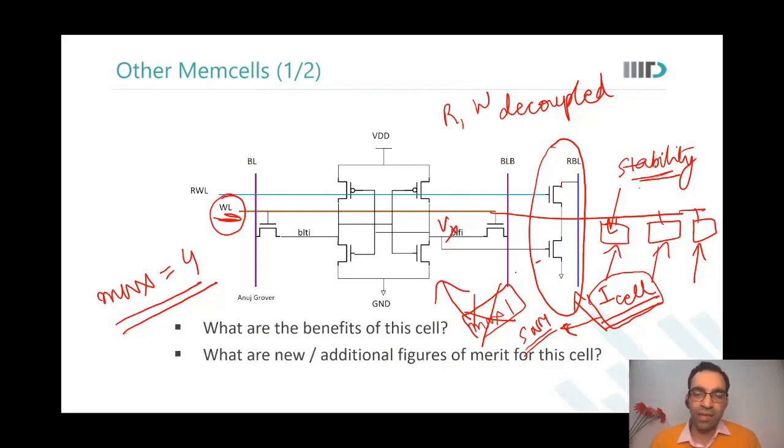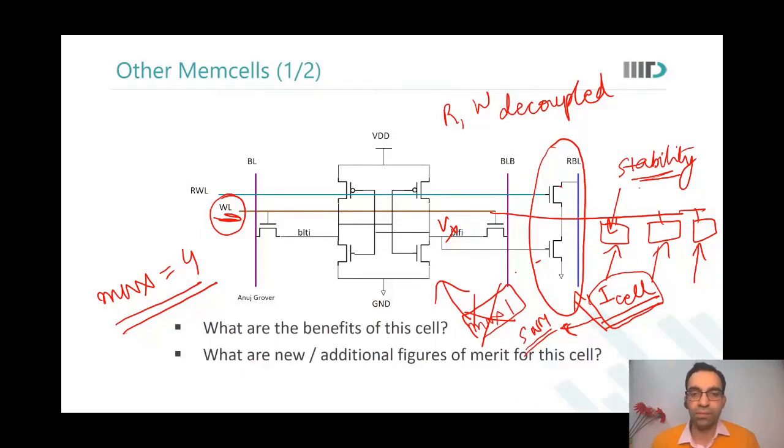Again, numerous papers in academia forget that there is a mux thing there. They simply say, oh, 8T cell is the panacea, it solves all problems. No, it doesn't. If you have mux greater than 1, it doesn't solve all the problems. You need to do something else. Many academic papers simply ignore that aspect. I'm telling you this because I don't want you to fall into those traps.